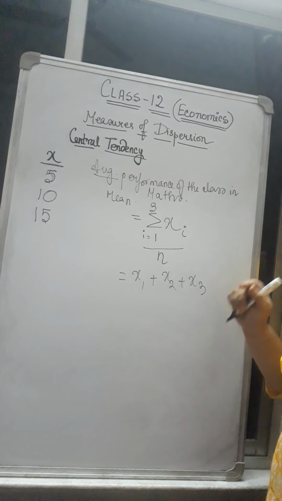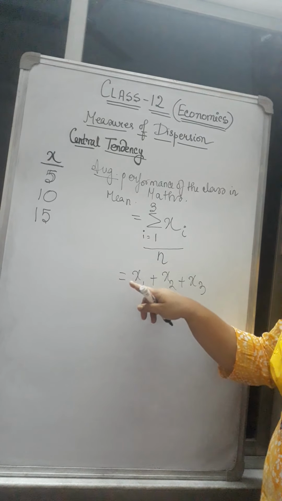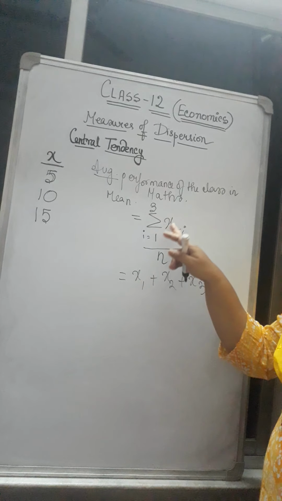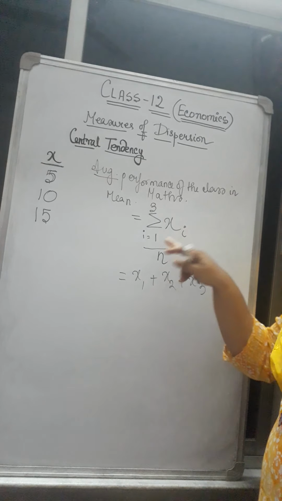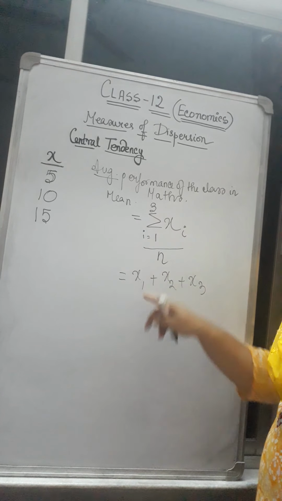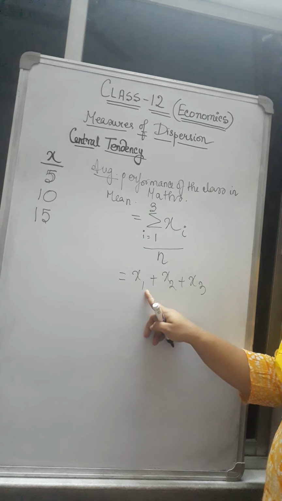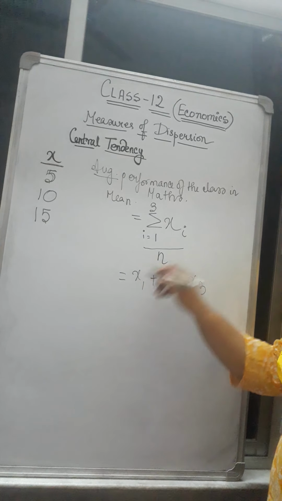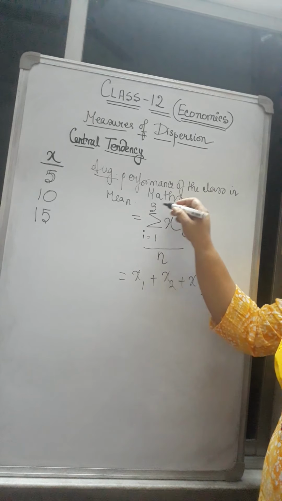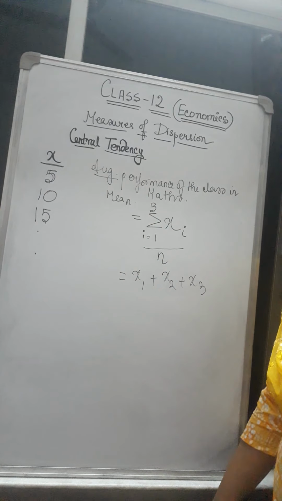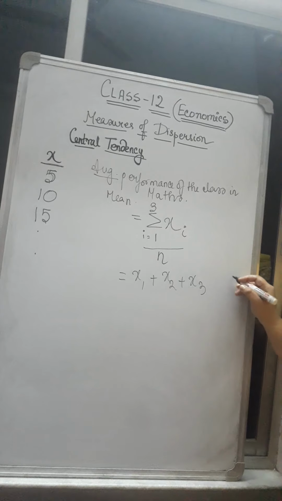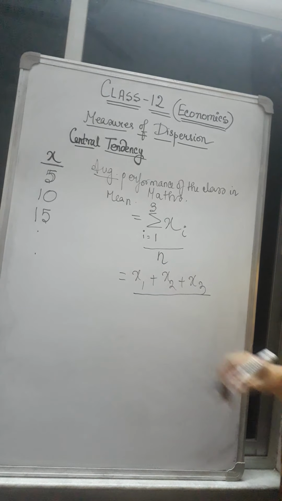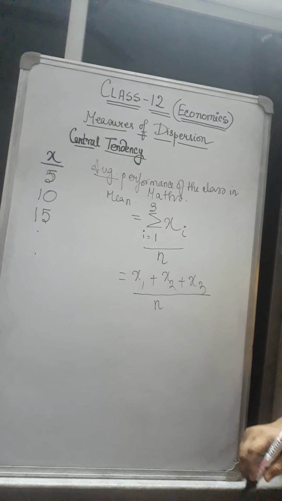Without the summation sign, it means the first value of x, second value of x and the third value of x. If i was 1 to 5 and there were 5 values, you have to do x1 plus x2, x3, x4, x5. Now divided by n means the number of items.